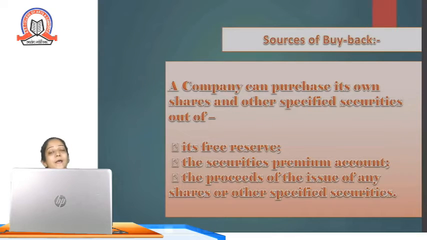It includes the amount from its free reserves, that is general reserve, profit and loss account, revenue reserves. Either they can use the amount in the security premium account, and also there is an option that the company will go for a fresh issue of any other type of shares apart from equity shares.